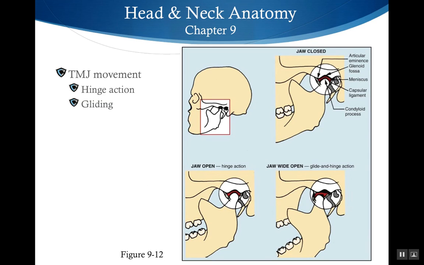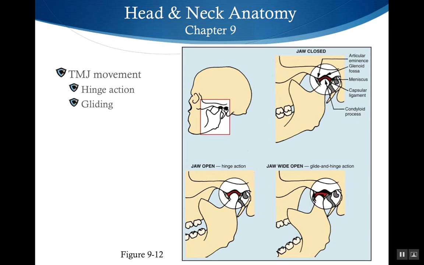Let's talk about the opening and closing of the mandible and the shifting from side to side. The TMJ allows the joint to have two different types of motion, the hinge action and a gliding motion. During hinge action, the first part of opening, the condylar head, the condyle of the mandible, rotates around a point on the undersurface of the articular disc.